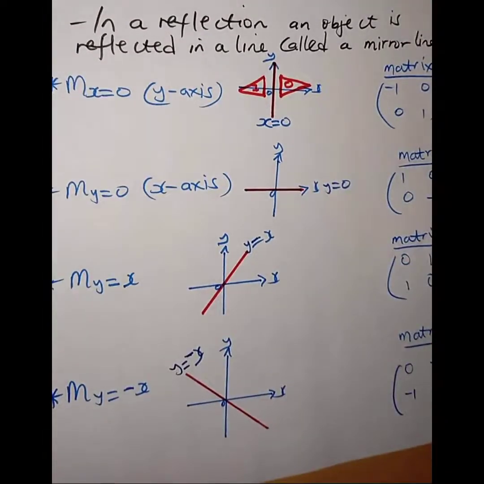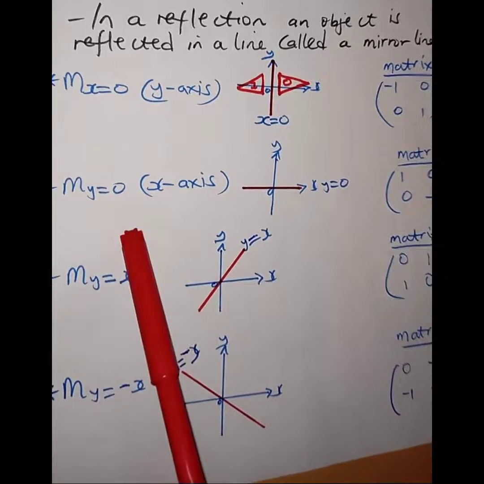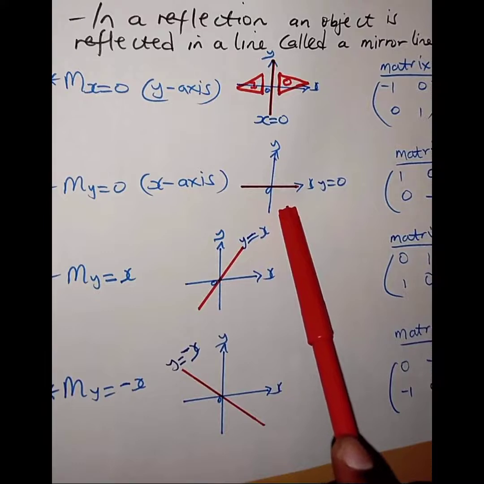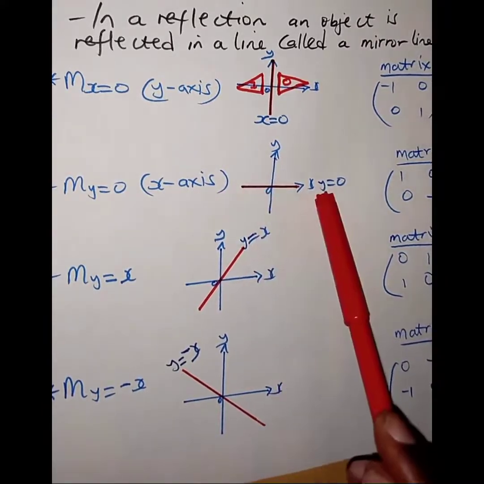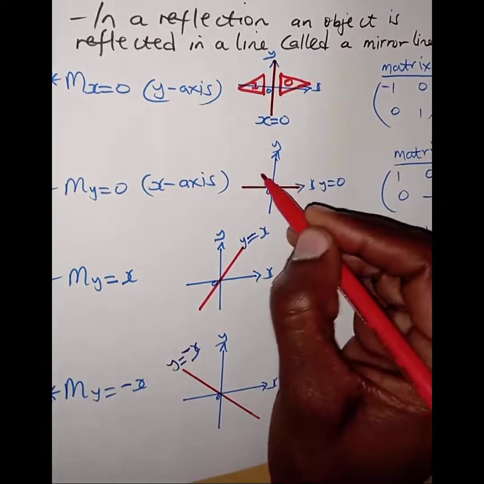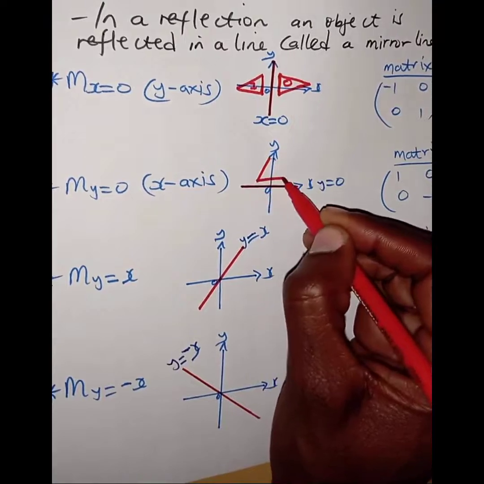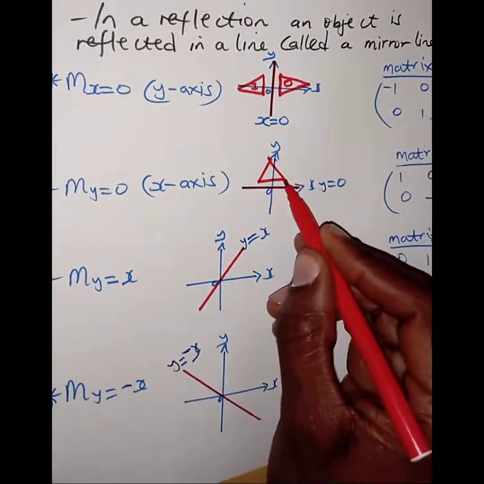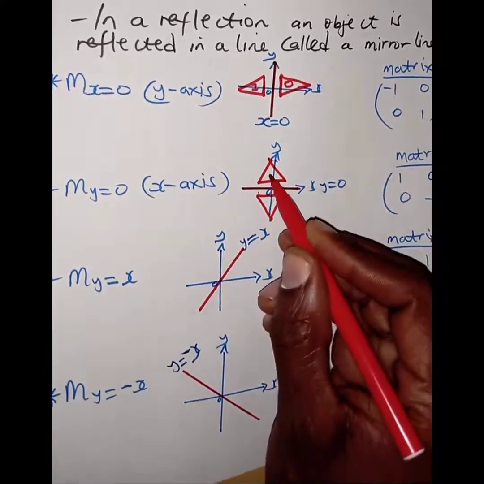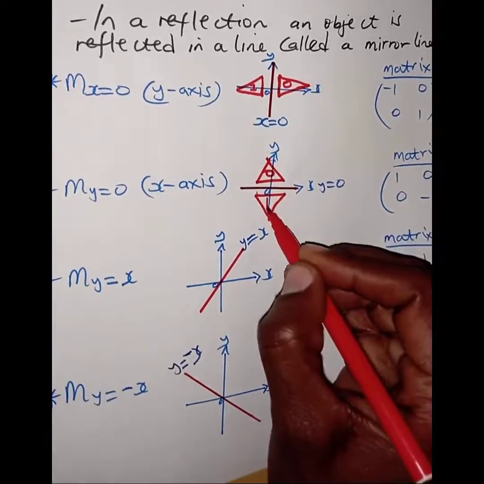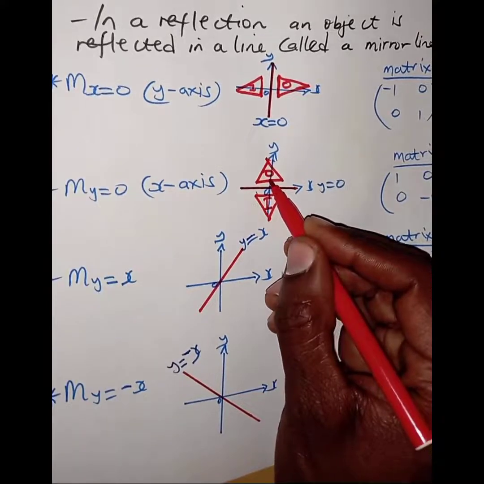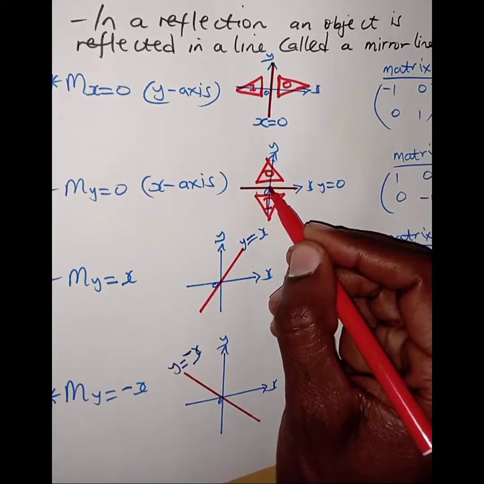Next, when the mirror line is y equals 0, which is the x-axis, if the object is here, the image will be this side, the same distance from the mirror line to the object, and from the mirror line to the image.